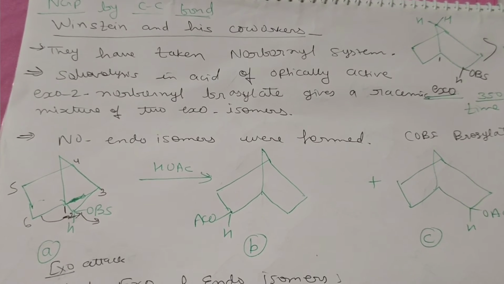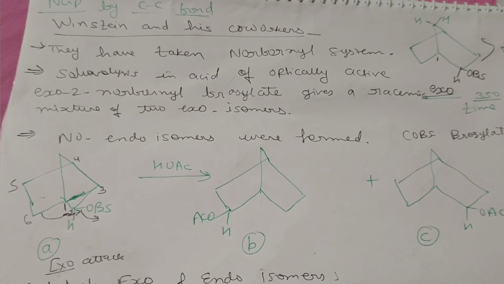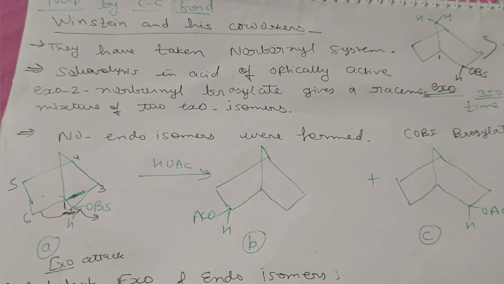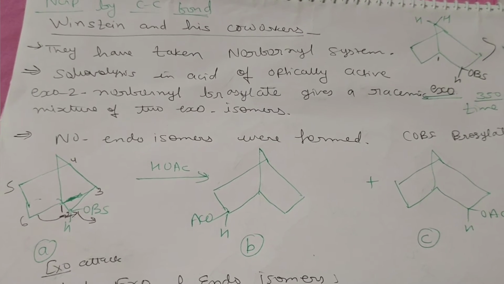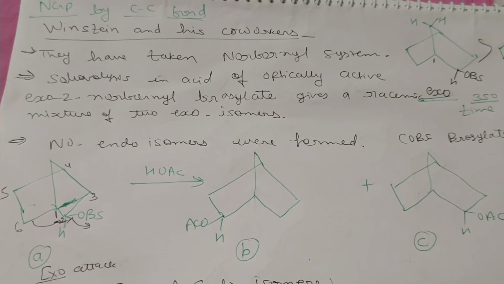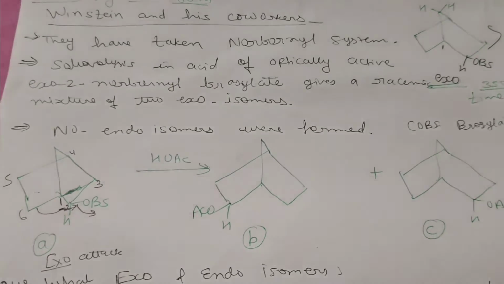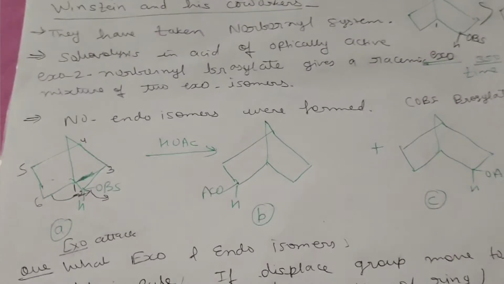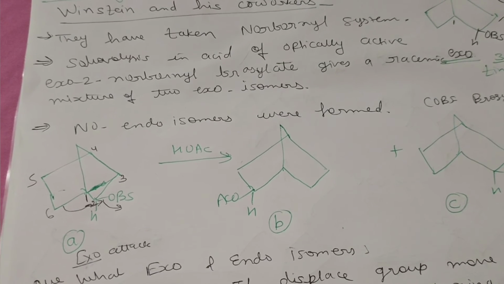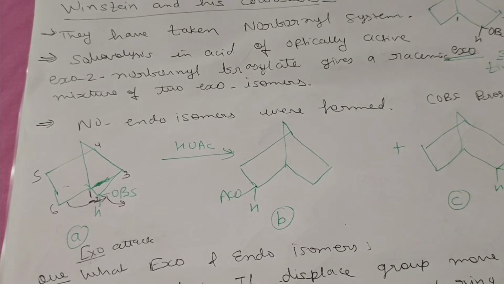Now they took a particular standard condition. Winstein carried out solvolysis in acetic acid, and the result is that optically active exo-2-norbornyl brosylate gives a racemic mixture of two exo isomers. So they determined that no endo isomer was formed.